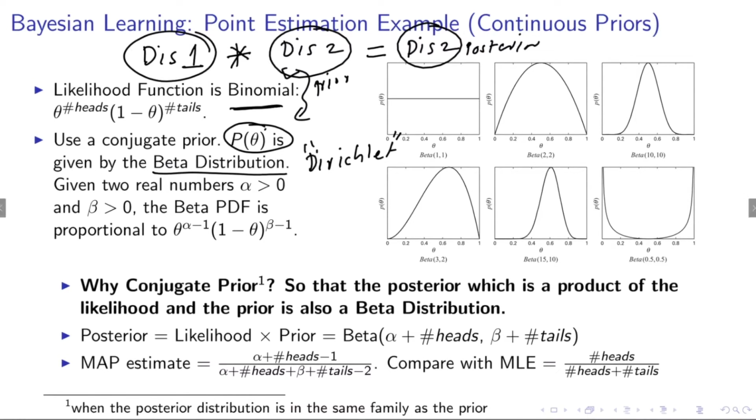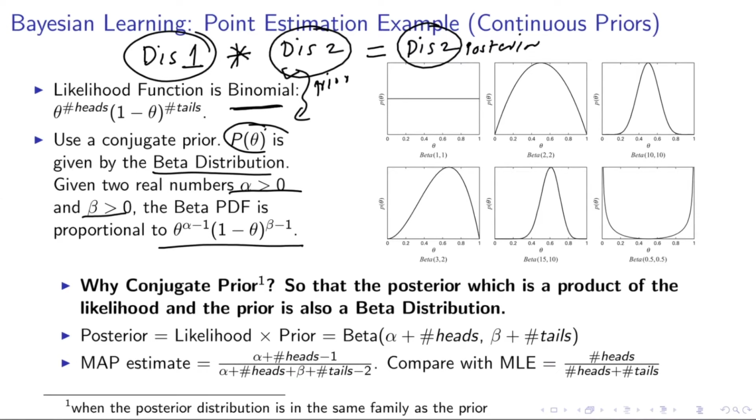Okay, so from your statistics 101 class, you can figure out that the beta PDF is directly proportional to theta to the power of alpha minus 1 times 1 minus theta to the power of beta minus 1, where alpha and beta are two parameters, which are two real numbers greater than 0.